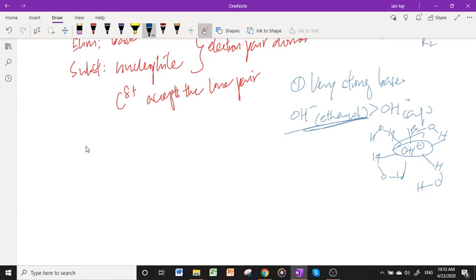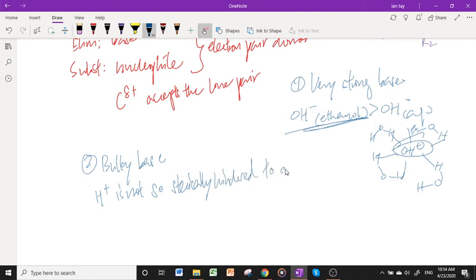So OH minus in ethanol is a much stronger base than OH minus in aqueous solution, much more so than OH minus in ethanol is a stronger nucleophile than OH minus in aqueous solution, right? Another way is to use a bulky base, because note that H plus is not so sterically hindered to abstract, but the delta plus carbon is fairly sterically hindered.